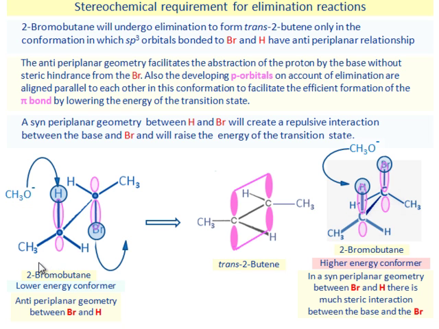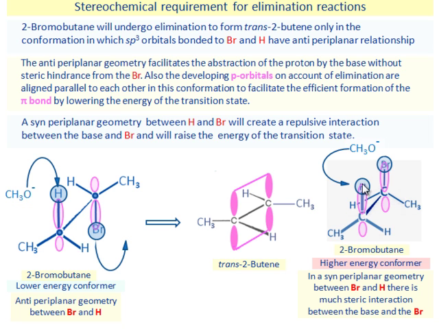The anti-periplanar geometry facilitates the abstraction of the proton by the base without steric hindrance from Br. Also, the developing p orbitals on account of elimination are aligned parallel to each other in this conformation to facilitate the efficient formation of the pi bond by lowering the energy of the transition state.